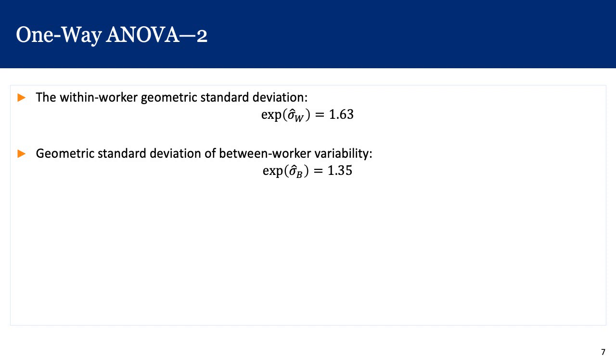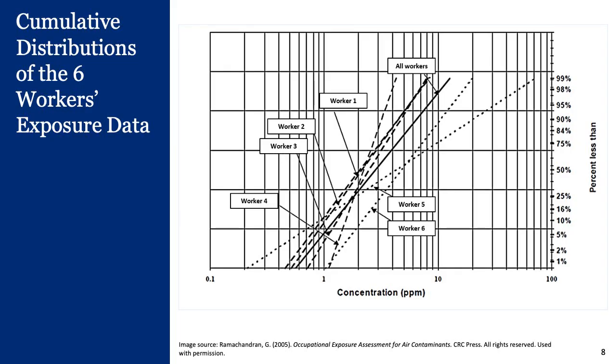So it's important to note here that even though the GSD of the between worker variability is less than the GSD of the within worker variability, we still conclude that the between worker variability is a significant contributor to the overall variability. Now we can also look at the results of our ANOVA visually and see what it all means.